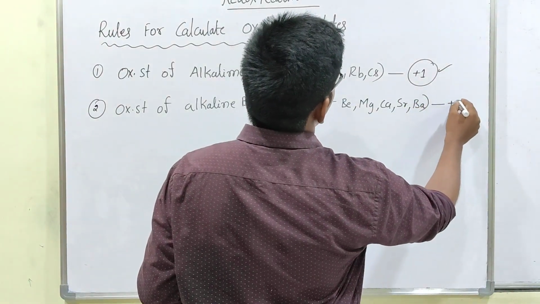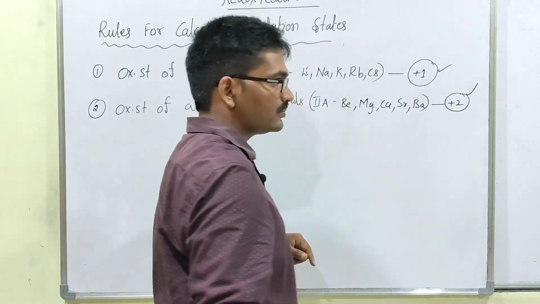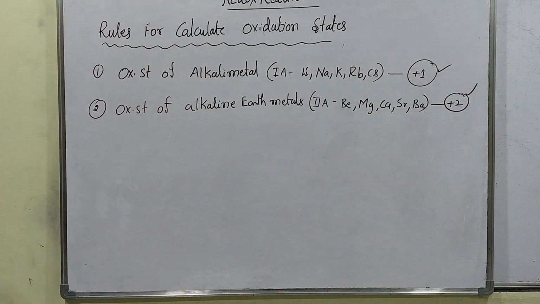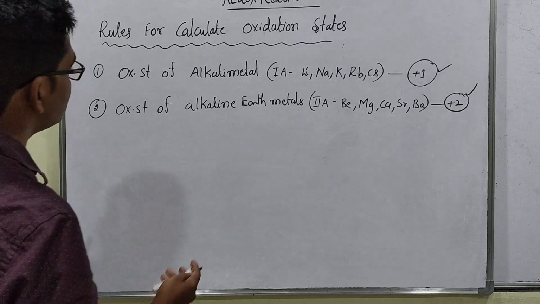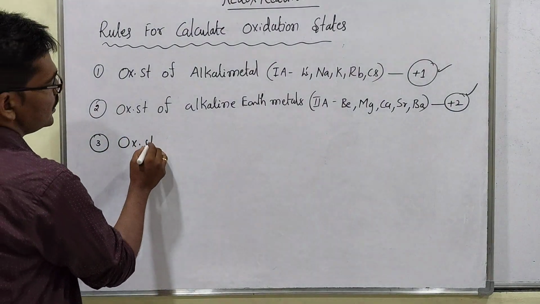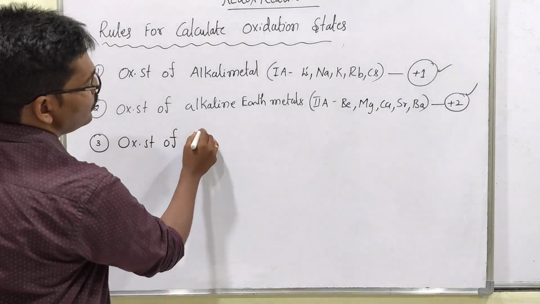So these are always +2 oxidation state. Alkali metals are +1 oxidation state. Alkaline earth metals are +2 oxidation state. So next, the oxidation state of fluorine.